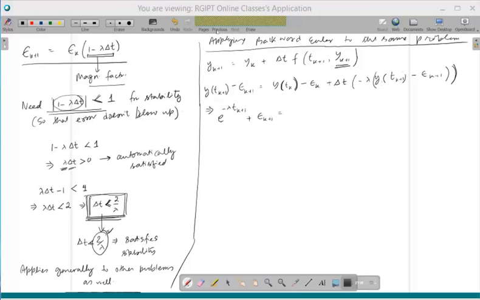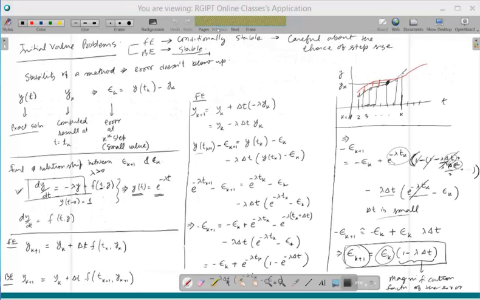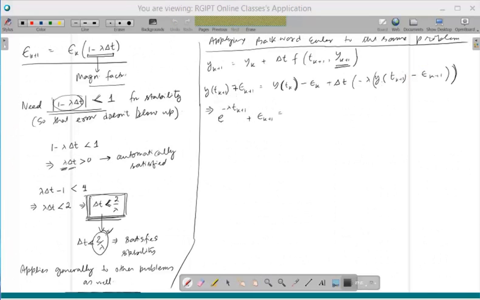I defined epsilon k as actual minus computed. If you flip the sign, you can define it as computed minus actual, and that can also be defined as an error. I had that in mind, that's why I wrote it, and it does not matter. If you write plus here, write plus everywhere; if you write minus here, write minus everywhere. As long as you do that, just stick to the convention.